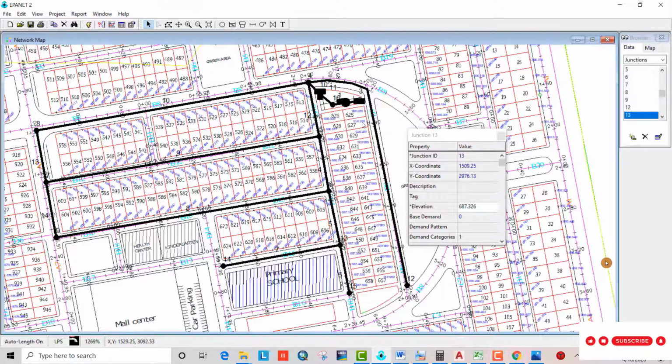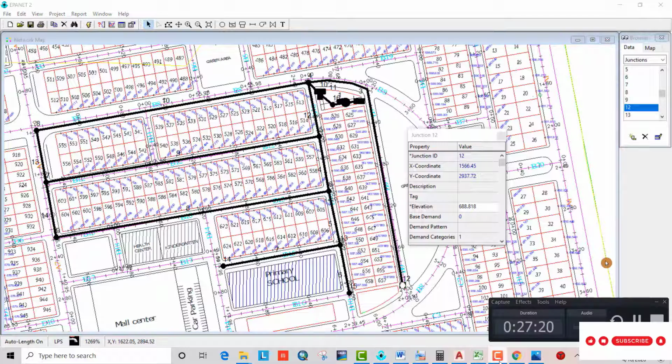But for this dead end type, we have to calculate the houses on the node and provide the demand. The number of houses: we have 17 houses.